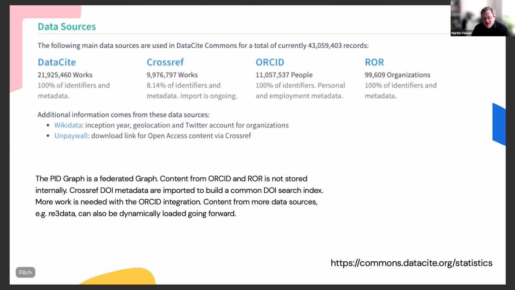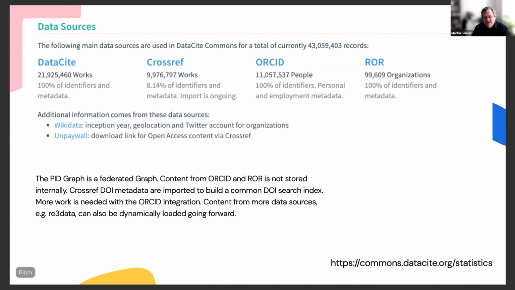Another way to look at numbers, and this is a dedicated page in DataCite Commons, is to look at the main PIDs that we're using there, which is DOIs for DataCite and Crossref, as well as ORCID and ROR. How many of them do we have, and what's the coverage? And you see that there's basically 100% of DataCite, ORCID, and ROR.